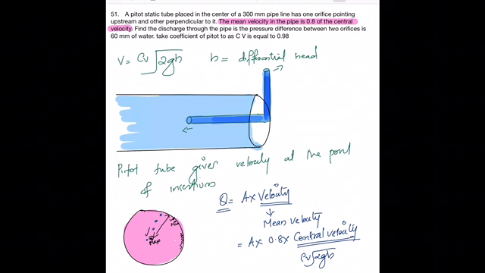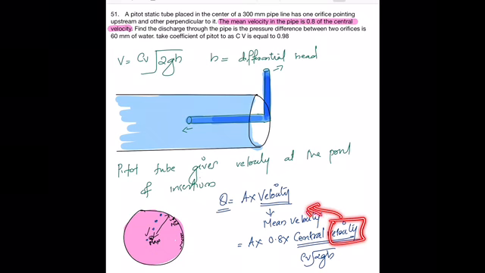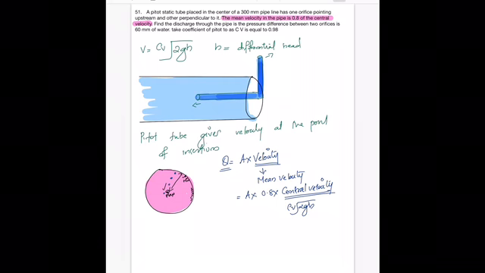The pitot tube doesn't give mean velocity; it gives the velocity at the point where it is inserted. If it is inserted at the center, it will give the central velocity. Central velocity and mean velocity will not be the same. So we have to convert the velocity given by the pitot tube to mean velocity, and then find the discharge.